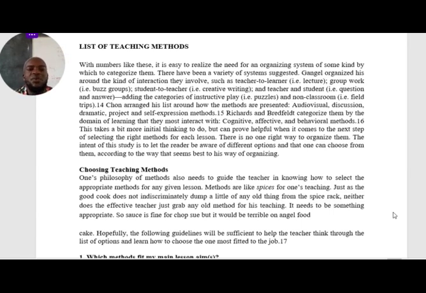With numbers like those, it is easy to realize the need for an organizing system of some kind by which to categorize them. So there have been a variety of systems suggested.